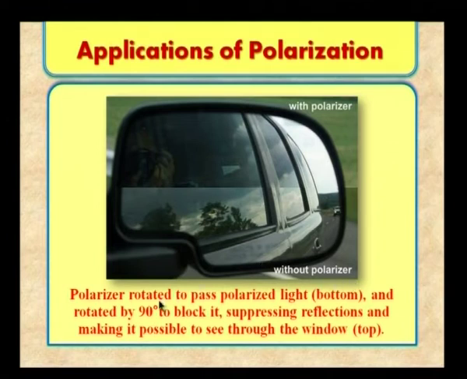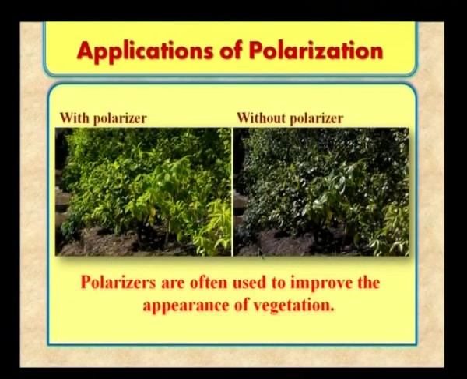Now, the polarizer is rotated to pass polarized light at the bottom and rotated by 90 degrees to block it, suppressing reflections and making it possible to see through the window at the top. Seeing through the window, the clarity is improved. Now, you see this is a better picture.